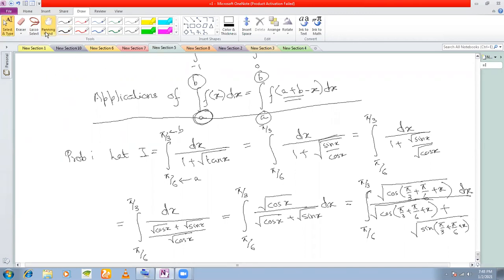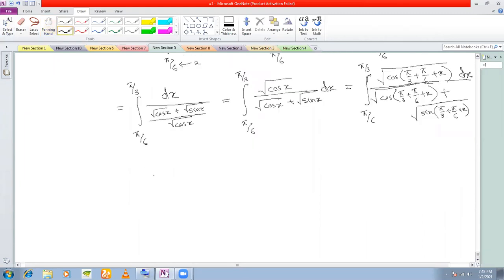Let us now see the next step. You add up pi by 6 plus pi by 3. What is pi by 6 plus pi by 3? It is pi by 2. Pi by 6 to pi by 3, root cos of pi by 3 plus pi by 6, which is simply pi by 2, right? Yes, sir. 1/3 plus 1/6 is half, right?